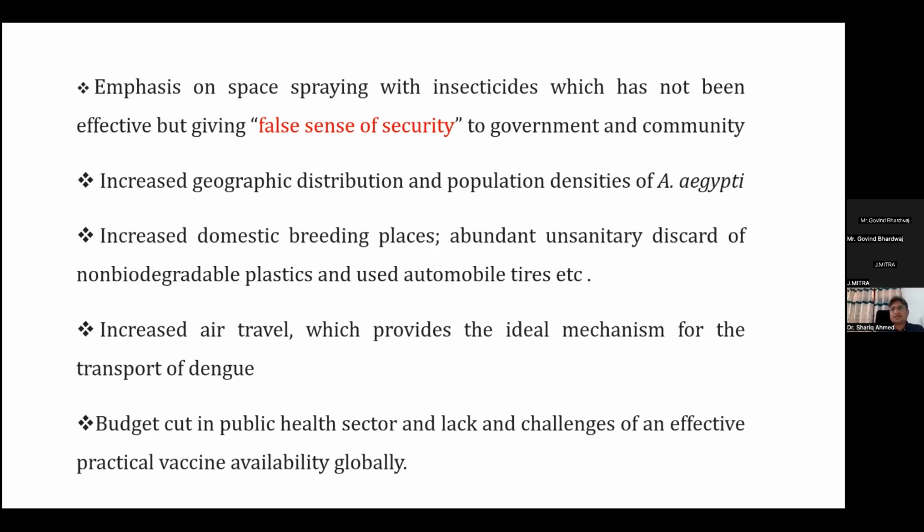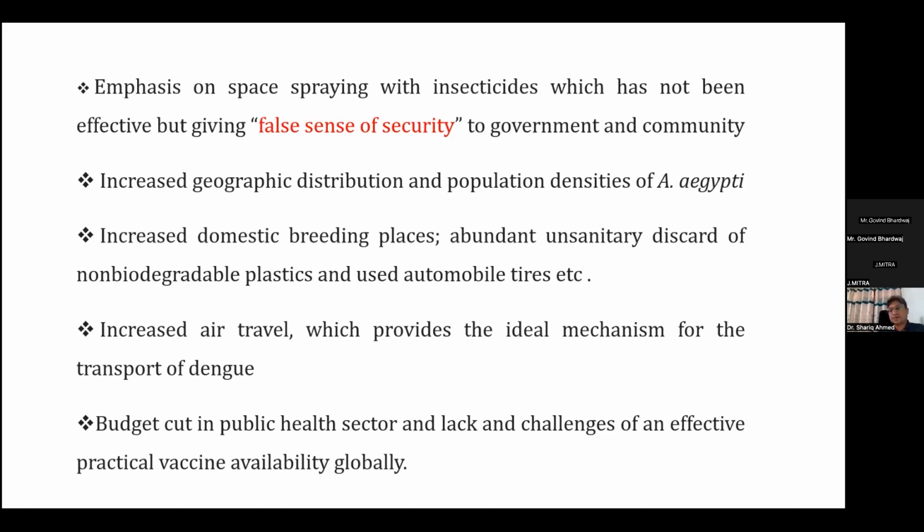Then the Aedes aegypti has become more resistant to DDT and all, and its population has increased. Then the domestic breeding places have increased. There is unsanitary discarding of non-biodegradable plastic and automobile tires, which allow the collection of water.